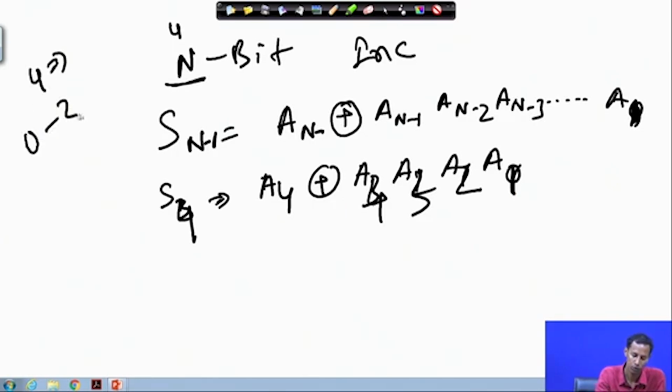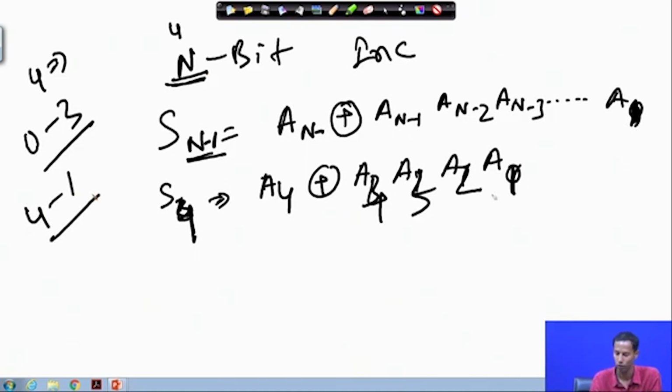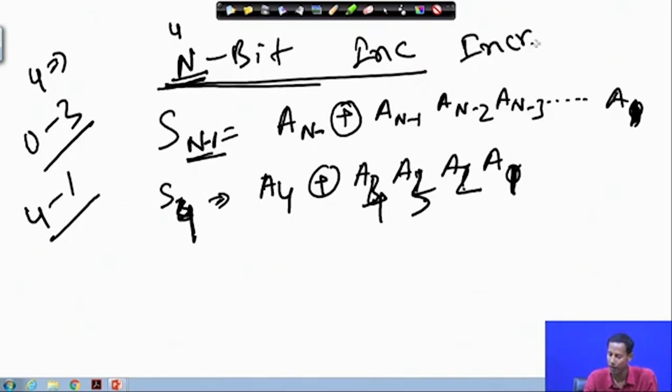I am considering bits 0 to 3 for 4 bit, that is why it is n minus 1. So, if I consider n as 4, the value for 4 bit will be 4 to 1, that is 4, 3, 2, 1, correct. So, for n bit this is it. This is an n bit incrementer, incremented by 1.